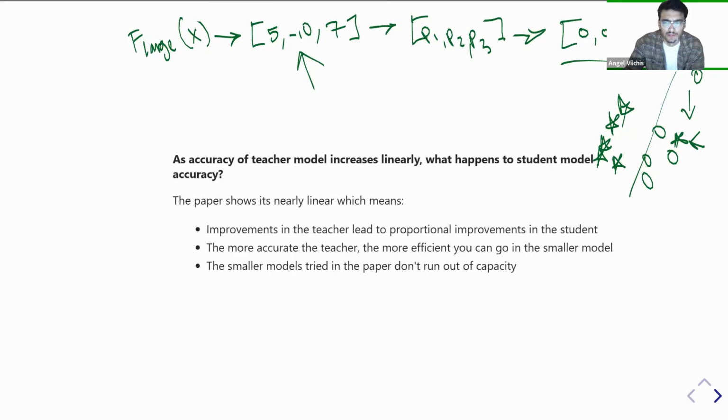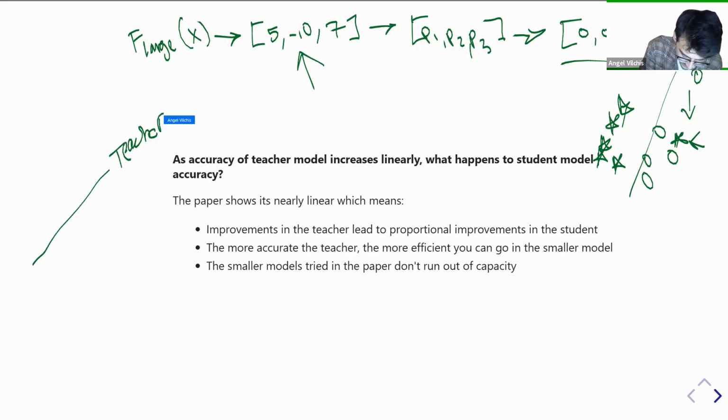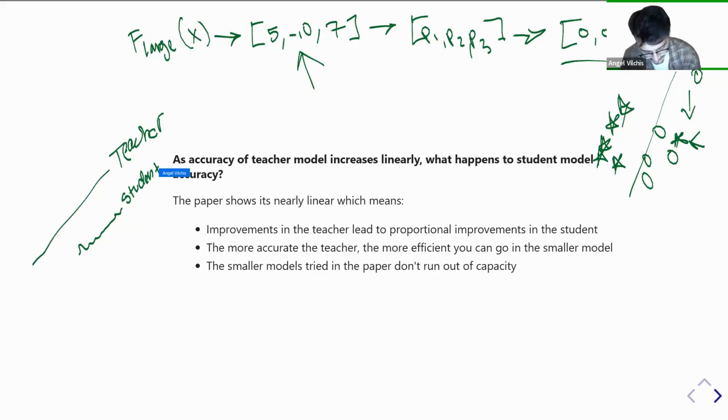So another question, as the accuracy of the teacher model increases, what happens to the student model accuracy? They showed that it's basically linear as well. So let's say this is the teacher model's accuracy, and they showed that the student model's accuracy is basically linear as well.